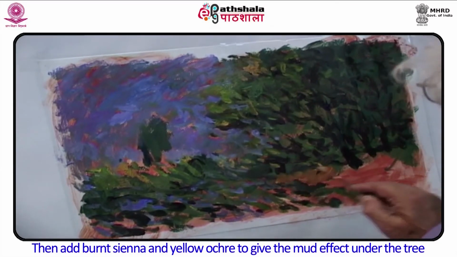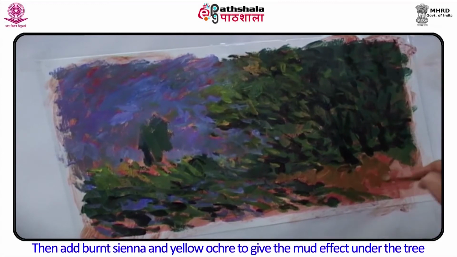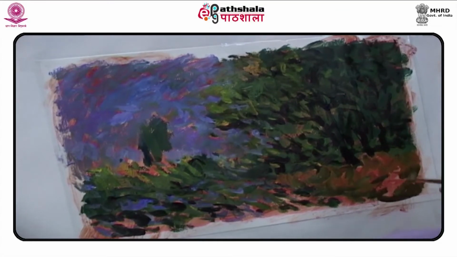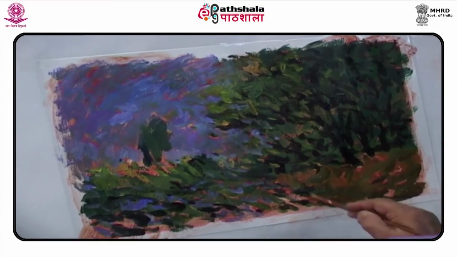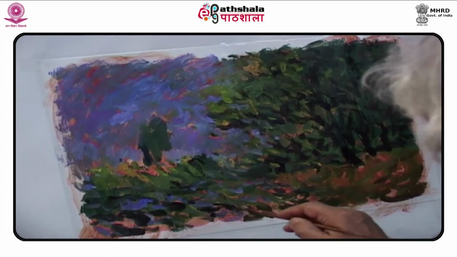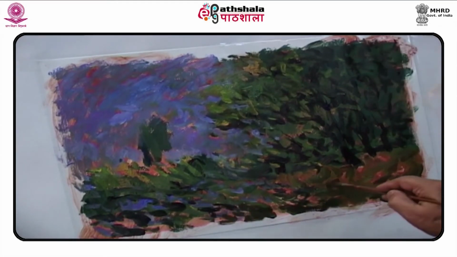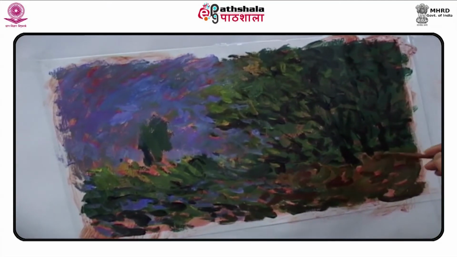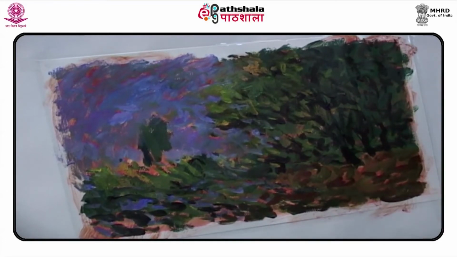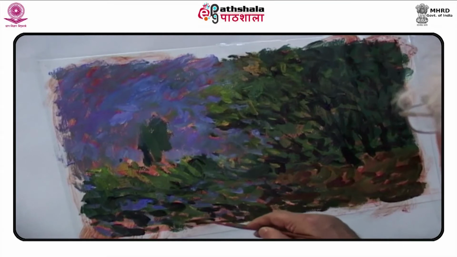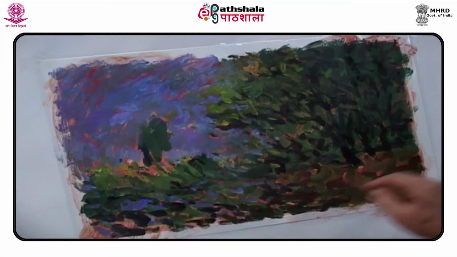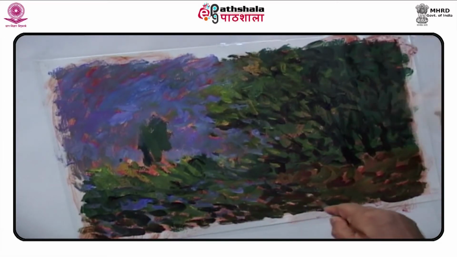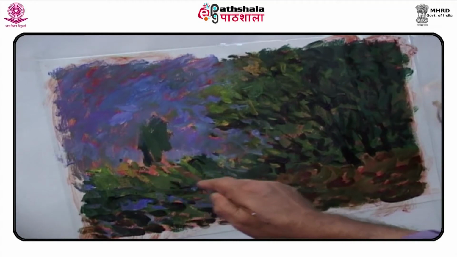Then add burnt sienna and yellow ochre to give the mud effect under the tree. To add more connectivity, create a path with a lighter tone.